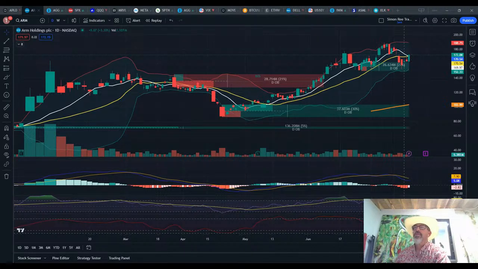Slow stochastic hasn't turned. Remember, slow stochastic will turn first versus the MACD, which will turn second. MACD is a slower oscillator versus the slow stochastic. So if we see a move here above 40 on the slow stochastic, I'd be stoked about it. That would mean MACD is right behind it.